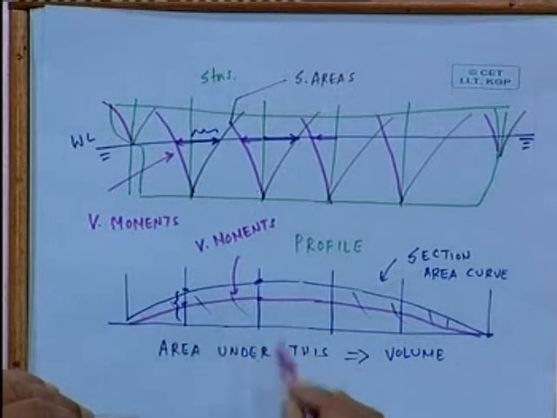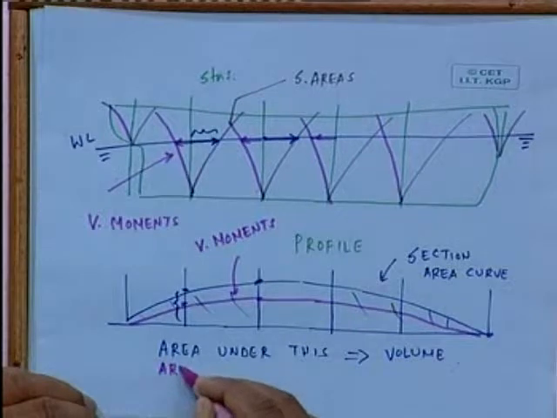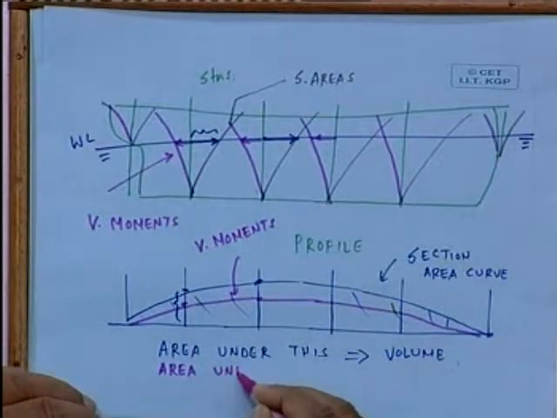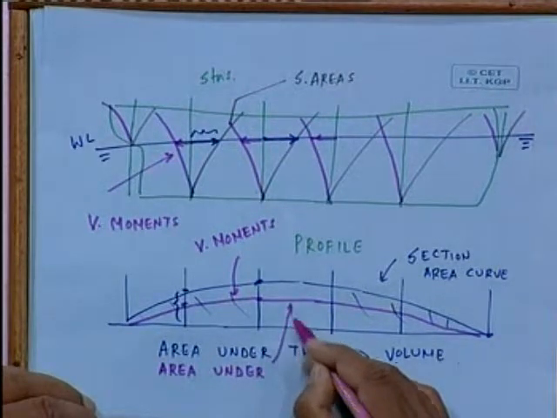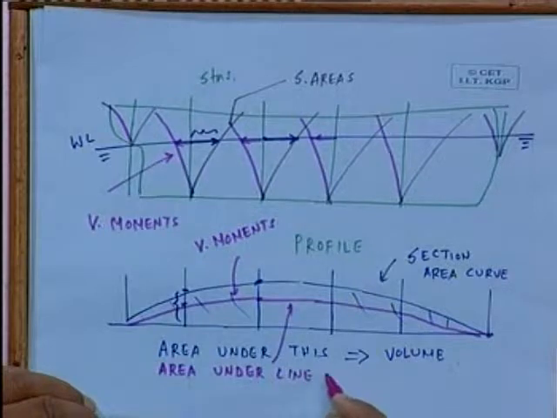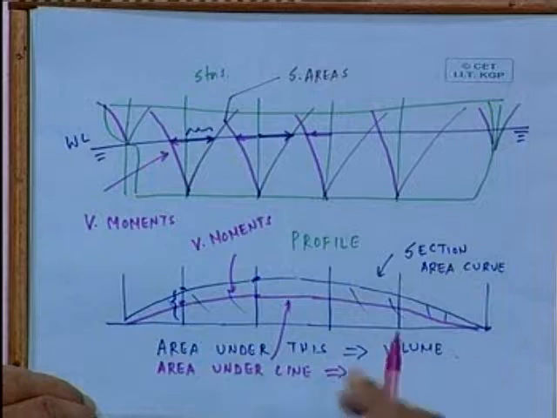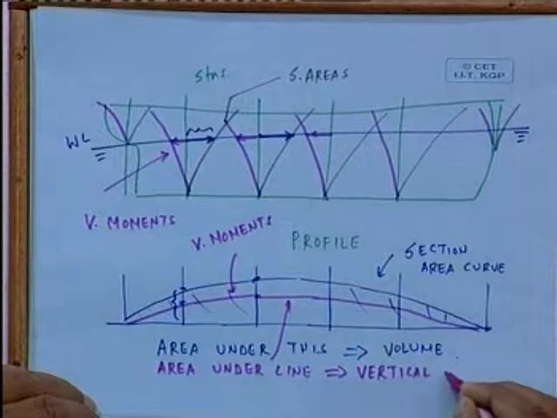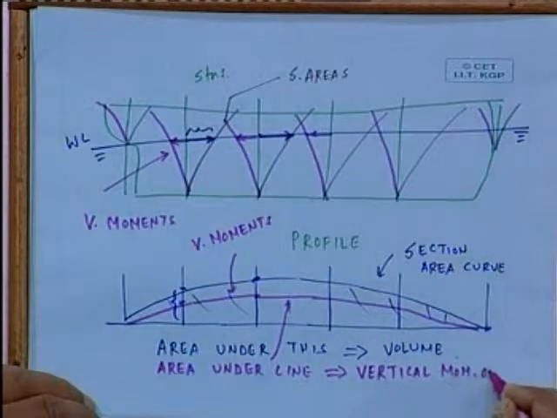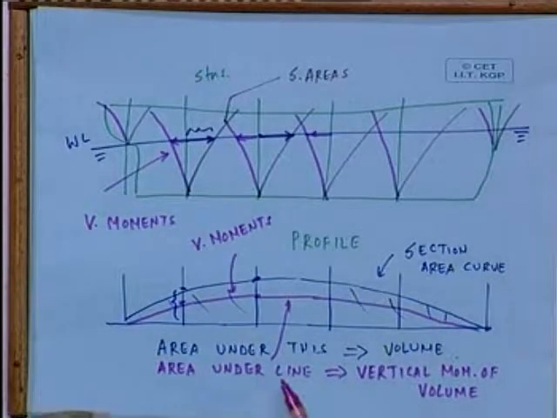Then if I now find the area under that, it gives you vertical moment of the volume. What happens if you divide this by this, you will get vertical center of buoyancy.